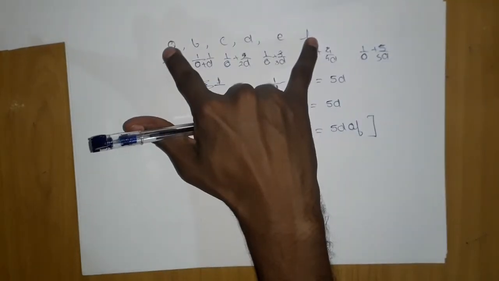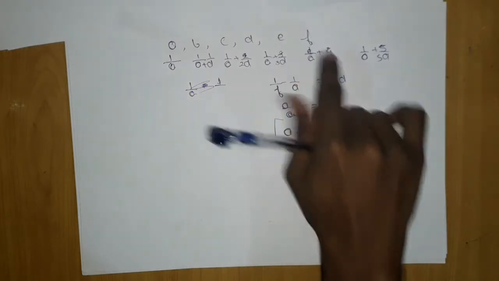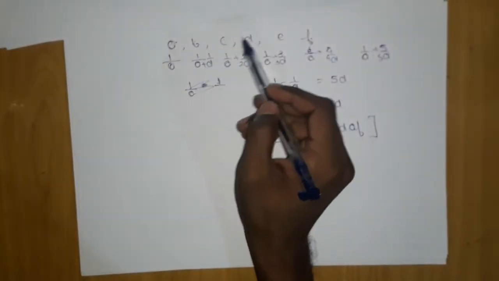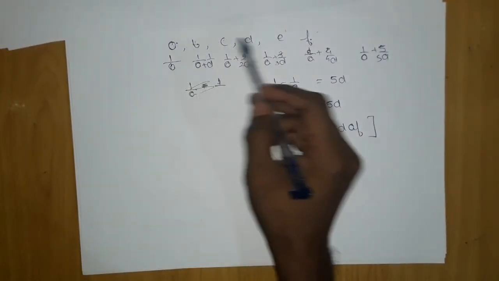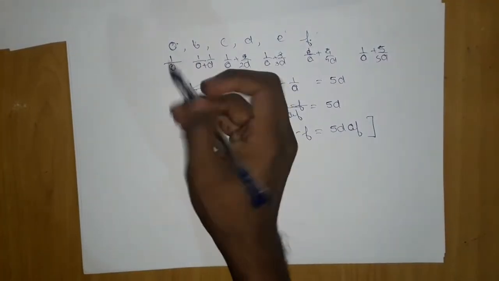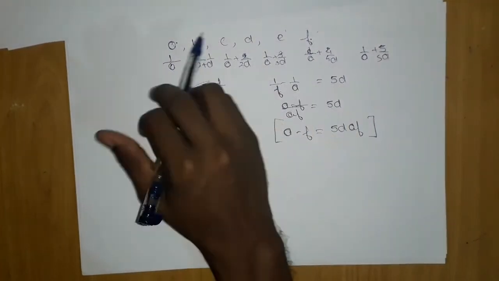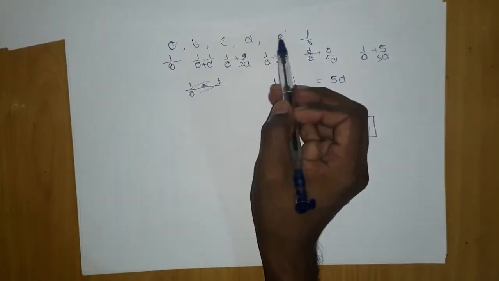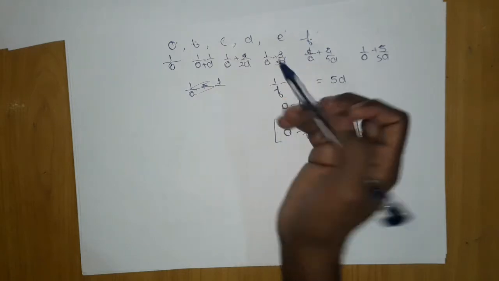You can take any term from starting to last, and just check the position to find at how many D it is. It is in the 5th position if I count from here: 1 2 3 4 5, 1 2 3 4 5 6. Just count one less than the number of terms. In an AP we start with A plus D like that, here there are 6 terms, but we start with D, 2D, 3D, 4D, 5D, so here it will be 5D.